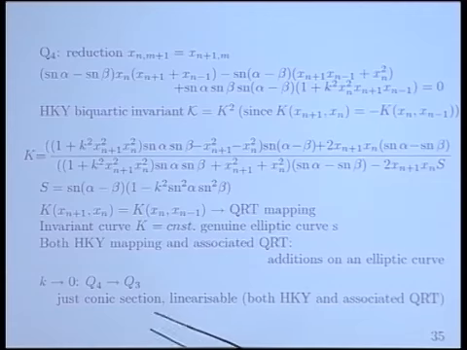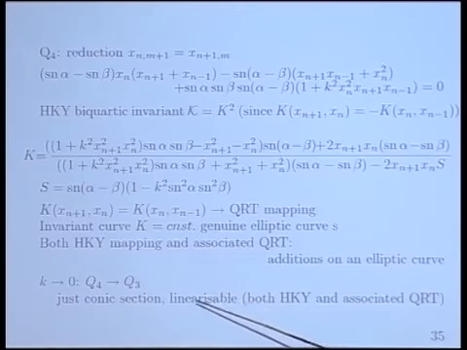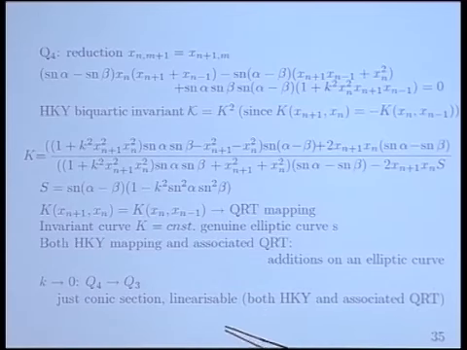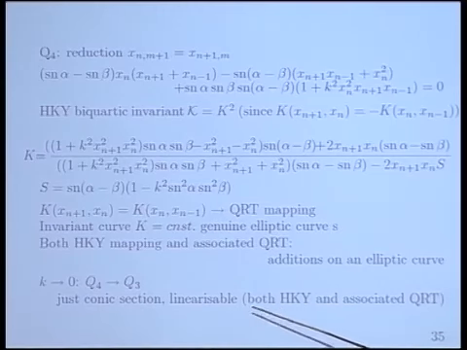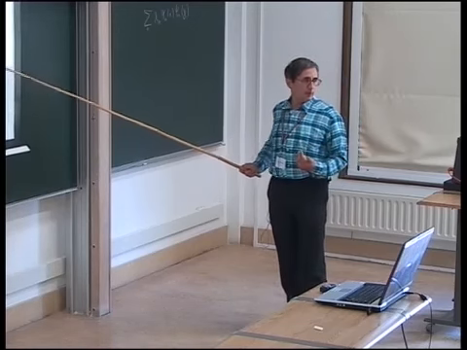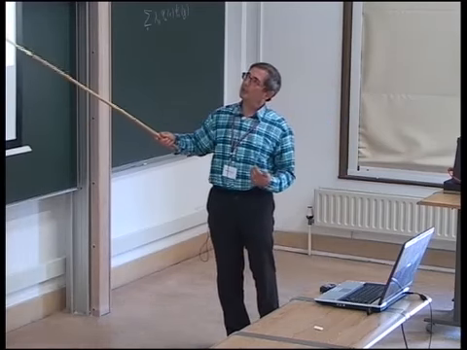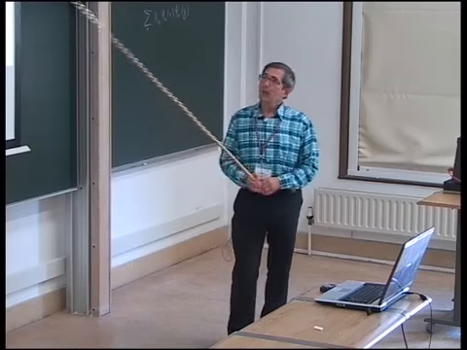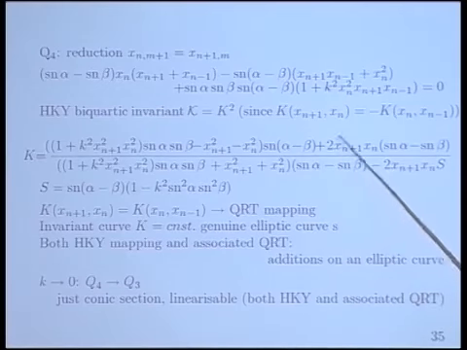In the case of Q3, you got only a conic section. This was a signature that the system was linearizable. Both the original quartic and the degenerate QRT system we studied were linearizable because the elliptic curve degenerated. But in this case, this is a genuine elliptic curve. So this is not linearizable.